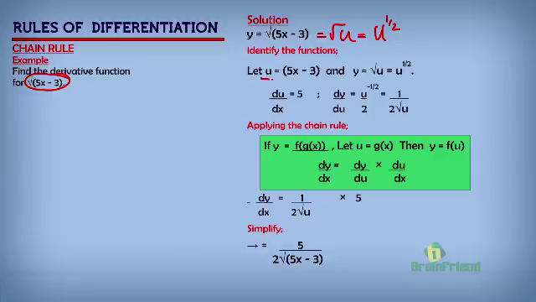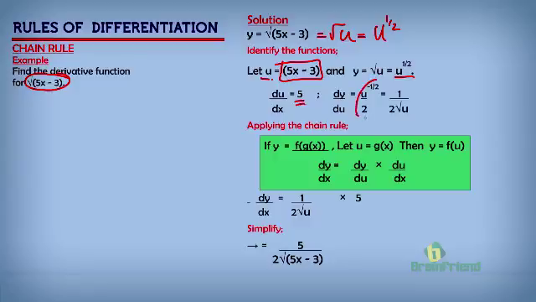Now we have our u. To differentiate u, which is 5x minus 3, we would have 5. So the derivative of u with respect to x is 5. dy du, on the other hand, if y is u raised to the power half, it therefore means that the derivative of y with respect to u would be u raised to power minus half all over 2.